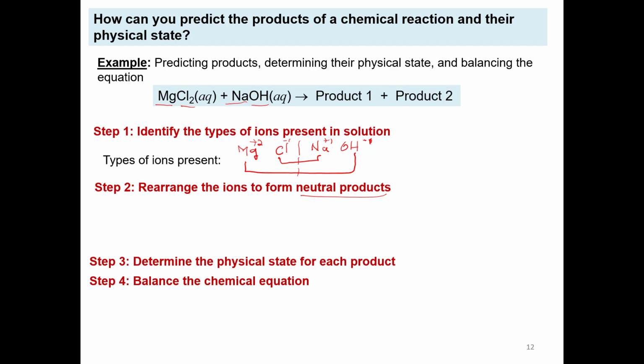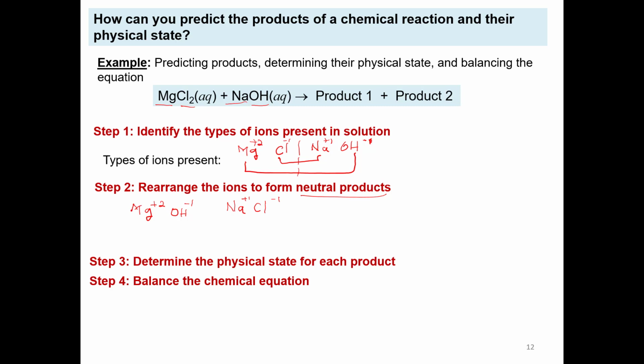And if these two combine, then we will have first the metal or the positive, and then the other group, and this is negative one. The other product, because we need to predict two products, will be the sodium, which is positive one, and negative one.